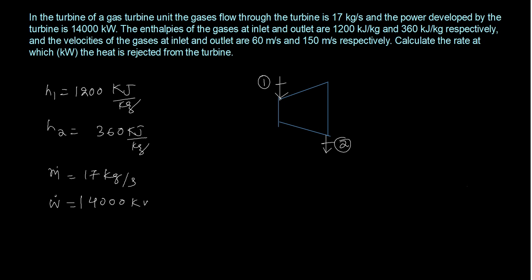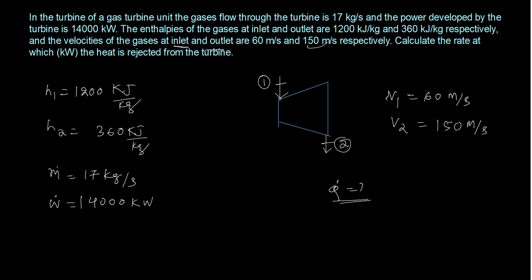We are also given the velocity data, that is v1 is equal to 60 meter per second, and v2 is given as 150 meter per second. So inlet and outlet velocities are this much, and we need to find out this q dot.